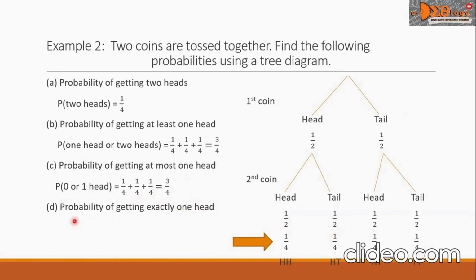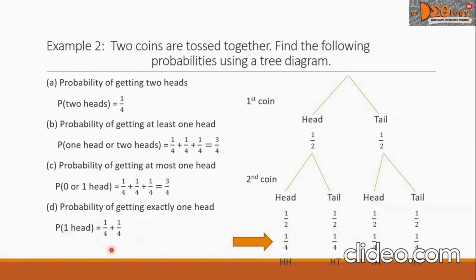Letter D, let's take the probability of getting exactly one head. And this answer will come from 1/4. This 1/4 comes from when we have head in the first coin and tail in the second coin, plus another 1/4, and this comes from tail in the first coin and head in the second coin.